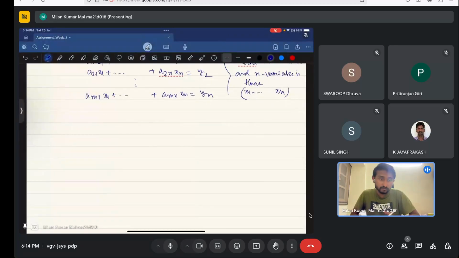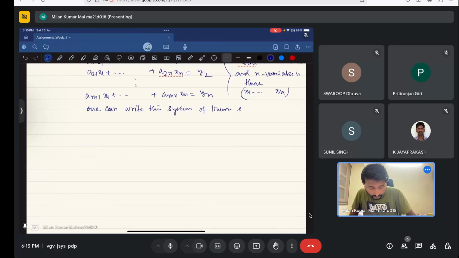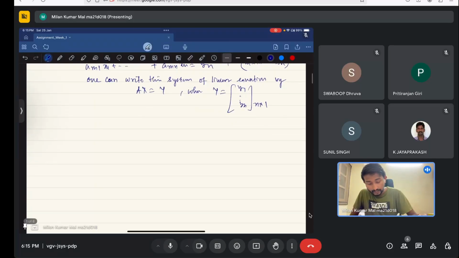So in that case, what can one do? One can introduce the notion of elementary row operation. Before that, one can write this system of linear equations as AX = Y, where Y is a column vector y1, y2, ..., ym, and A is the matrix with entries a11 all the way to a1n, and am1 all the way to amn.